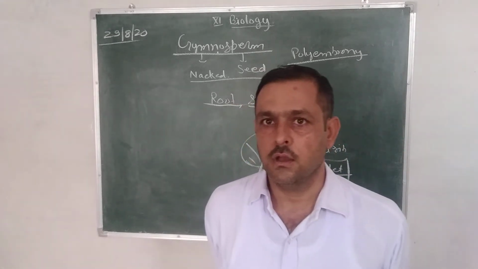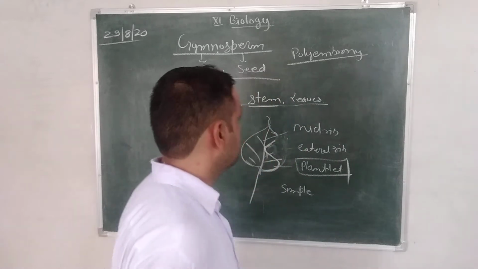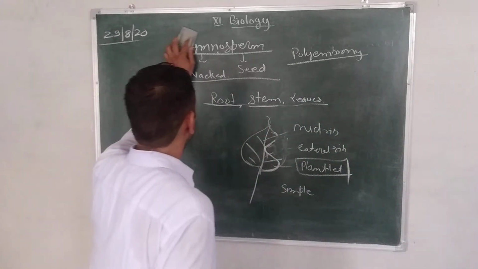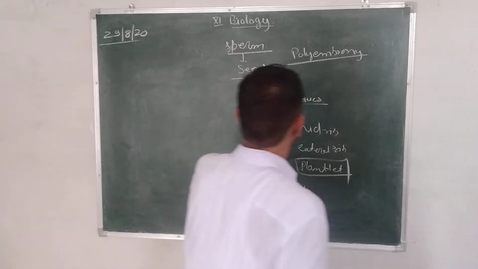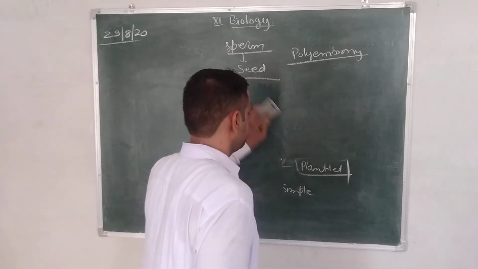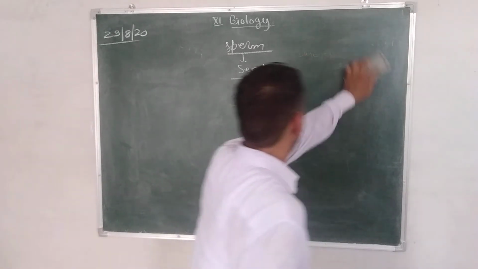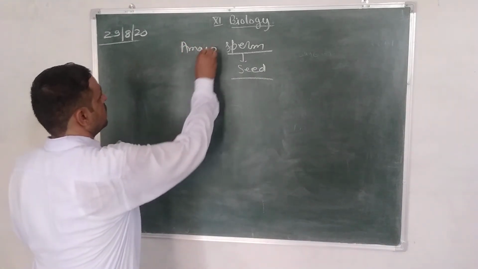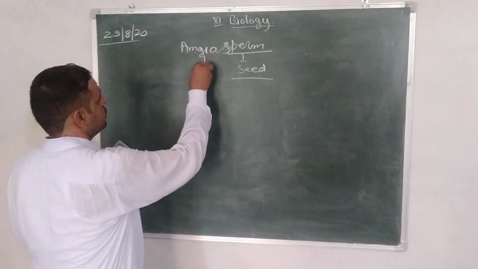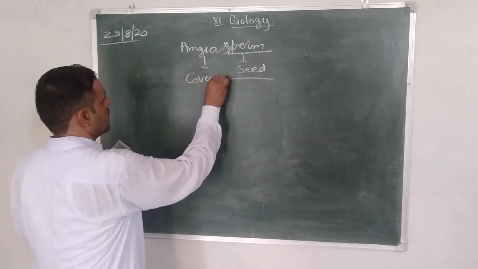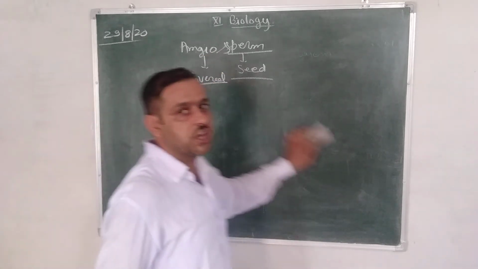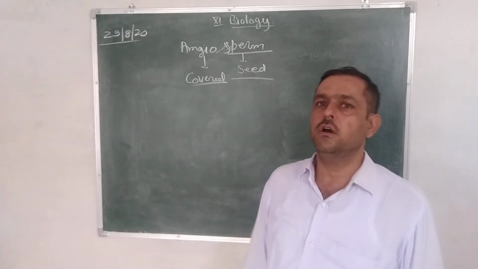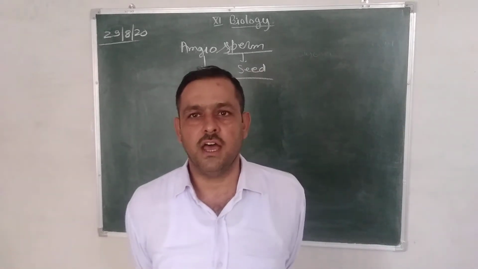Now, our next topic is angiosperm. Angiosperm means, you know what the meaning of sperm is. Sperm means seed, and angio means covered, which means seeds are covered by a coat, which we know is the fruit.